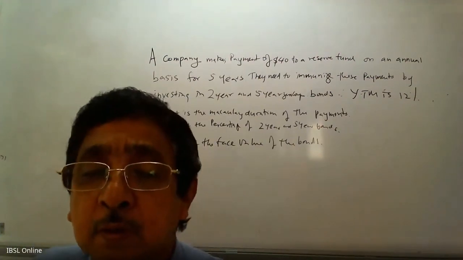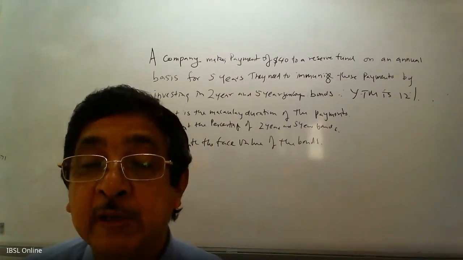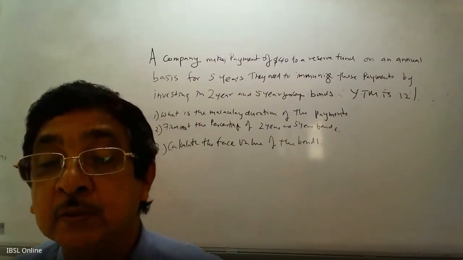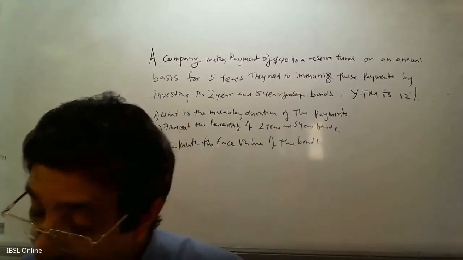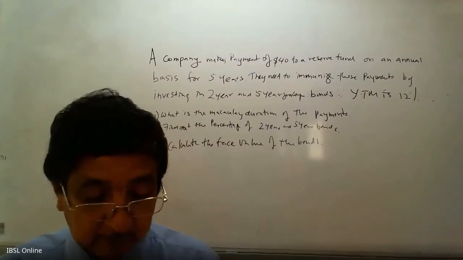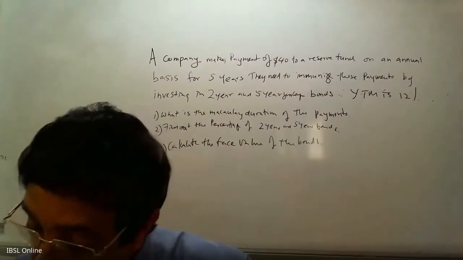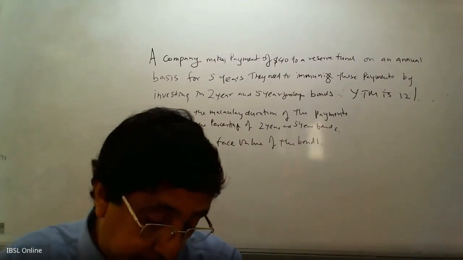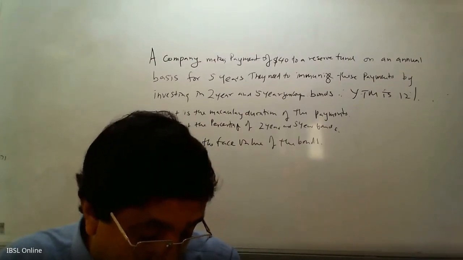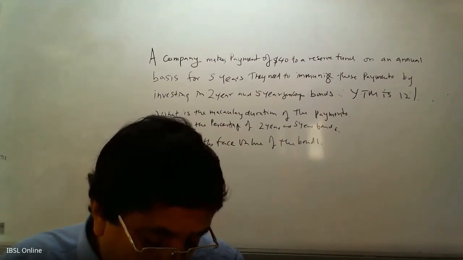Yes. Here, Shanali's answer is correct. 199.89. Yes, that answer is correct, because you will get the market value as 106.7 for the 2-year bond, and 37.49 for the 5-year bond.